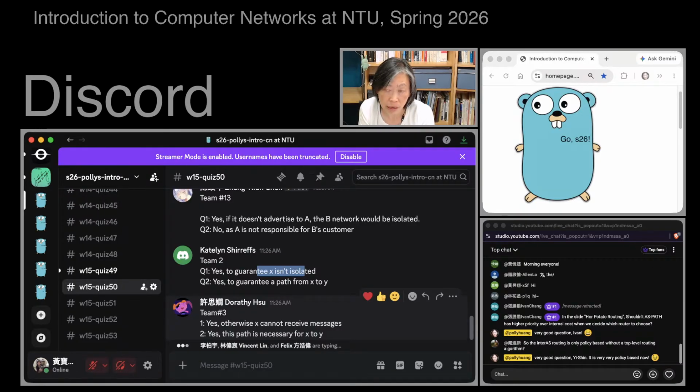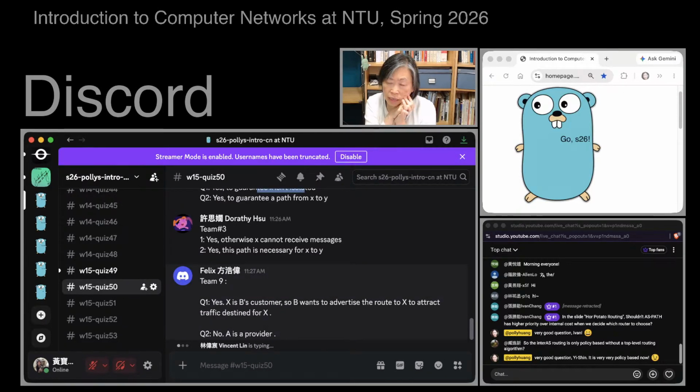A is not the customer of X, and from the AS path attribute in the reachability information, in the path vector message, A will see, okay, the end is X, and X is not my customer. But in the 7-minute video previously, one of the principles is that I can check the AS path.